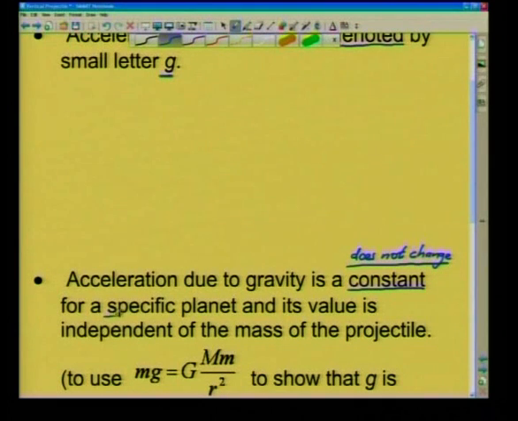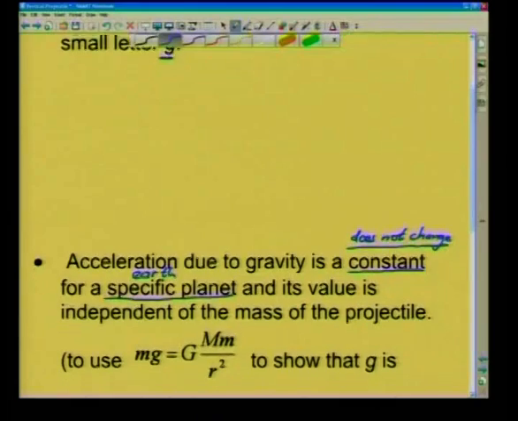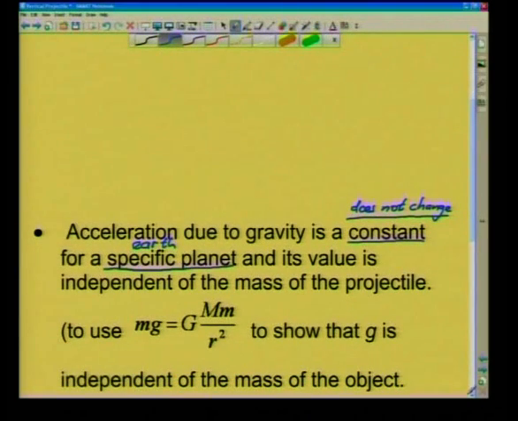Now, it is constant for a specific planet. In this case, we're talking about the Earth. So if objects are moving in an up or down motion on Earth, they will experience the same size, the same magnitude of acceleration. And we are also saying that the value of acceleration due to gravity does not depend on the mass of the projectile. Remember what a projectile is?